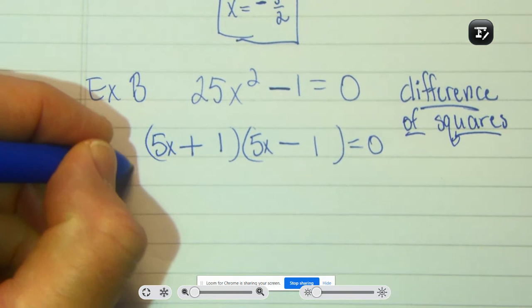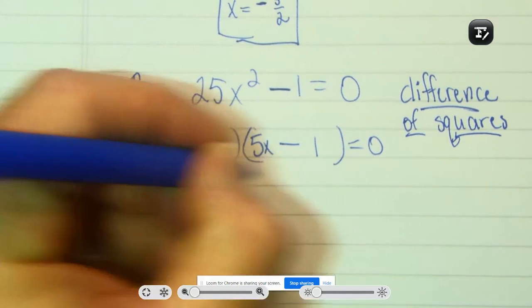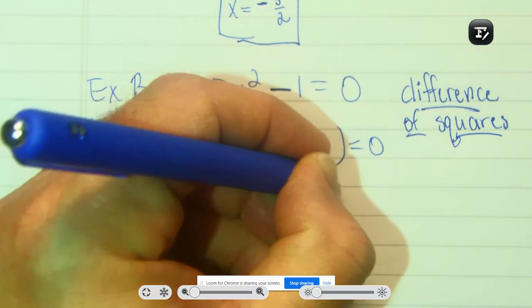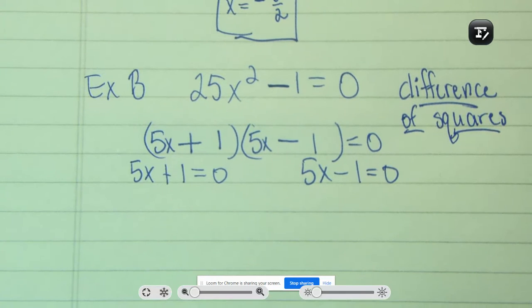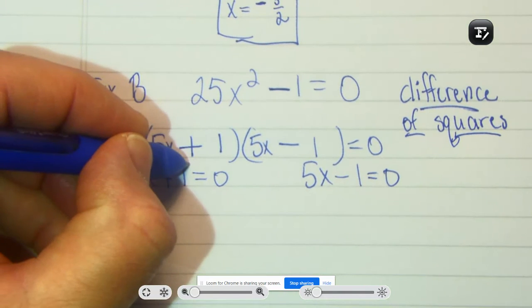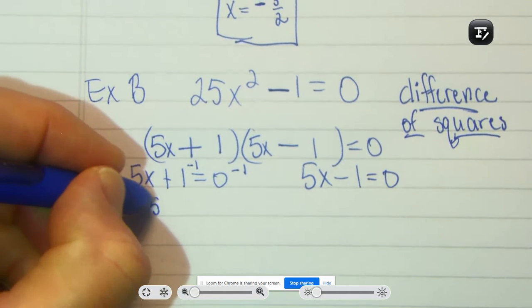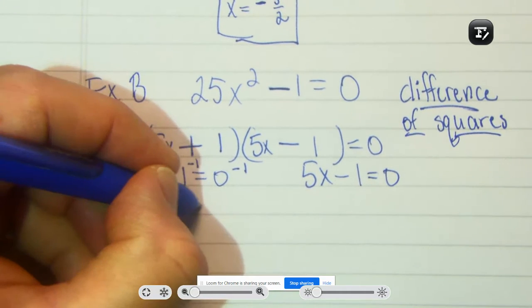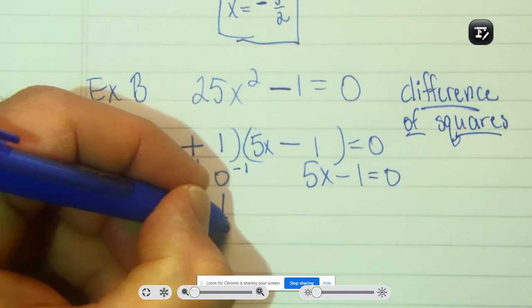So I'll set each factor equal to 0. And solve. I know I've got to subtract 1 here and here, so I'll get 5x is equal to 0 minus 1 or negative 1. Divide by 5.